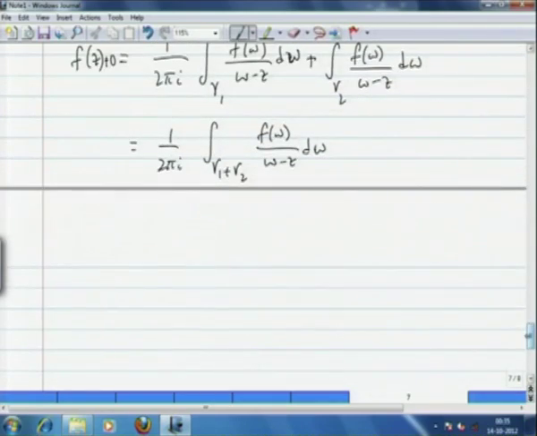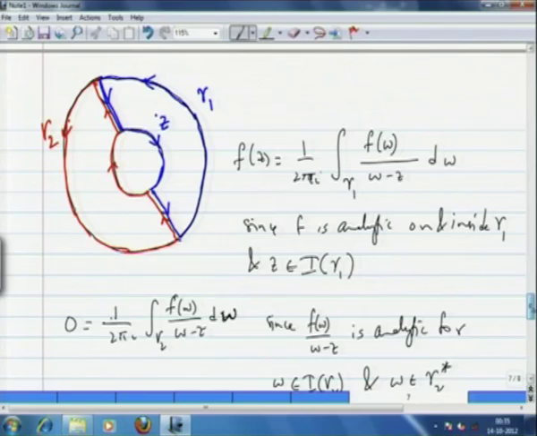And gamma 1 plus gamma 2, like I explained, will give you integration on the circle of radius q in the positive direction, and integration on the circle of radius p in the negative direction.